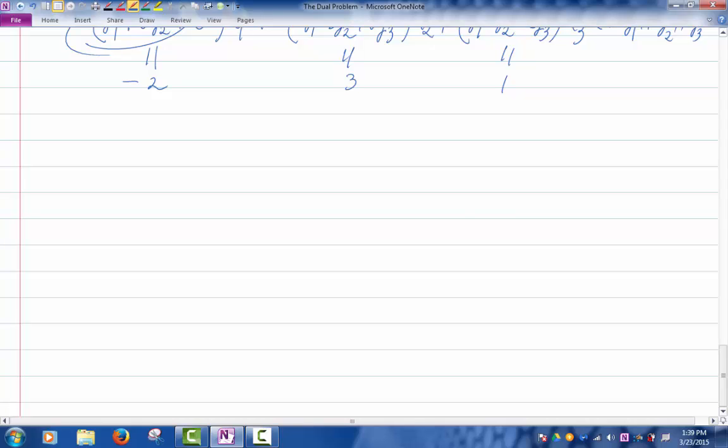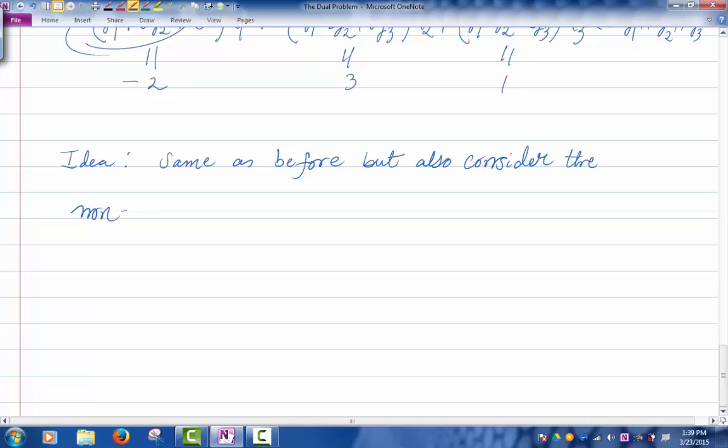The idea now is the following: the idea that we had before was fine, same as before, but also consider the non-negativity constraints, x1 larger than 0, and so on up to xn larger than 0.